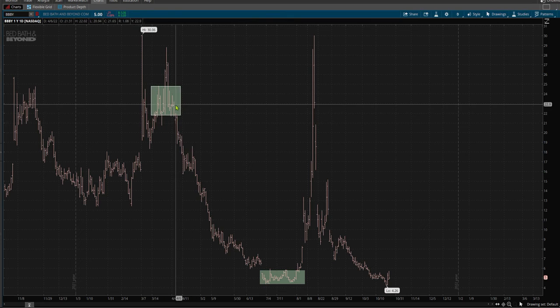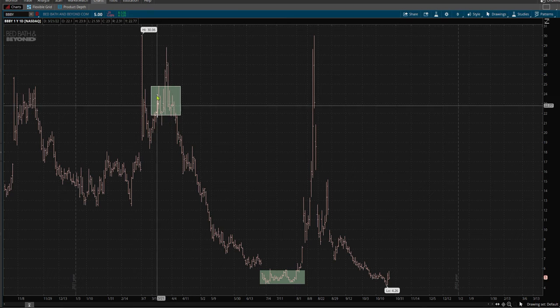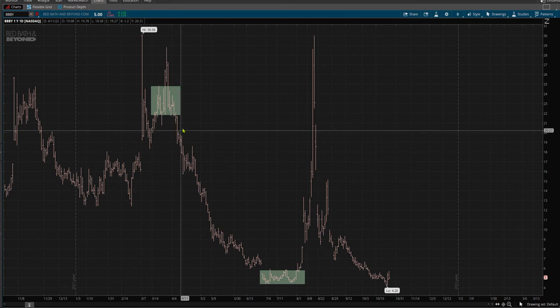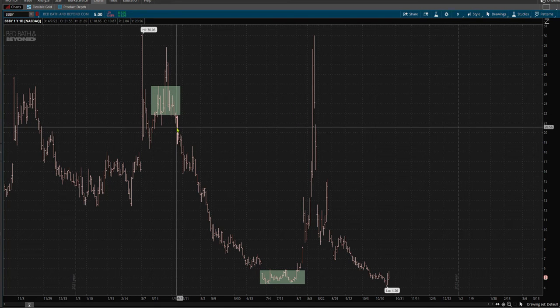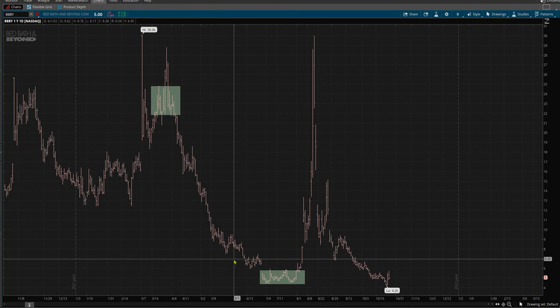And so you got a little one here. It popped out and it came back, went into this channel, but it's not really that definitive. You can't really rely on this too much. But it did break down. And if you're going to get into this market and it is a bear market, that might be a good place to get in right here. And you can ride that all the way down.